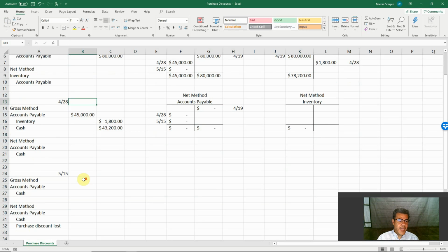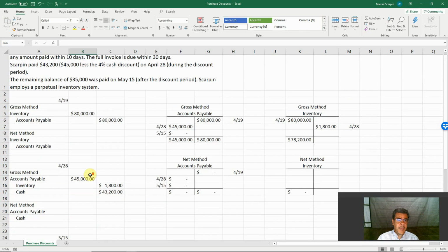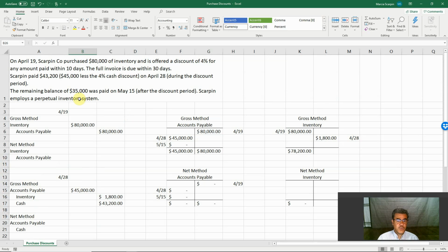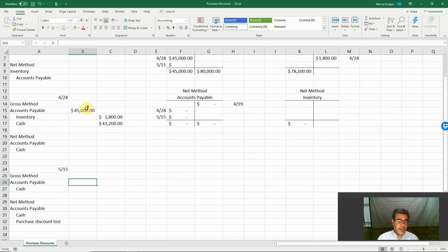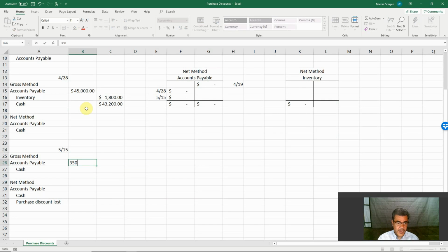And on May 15th, we pay the remaining balance. So we pay the 35: accounts payable 35, cash 35.